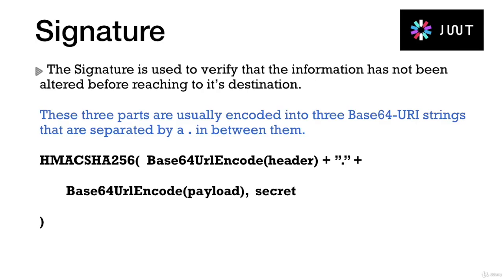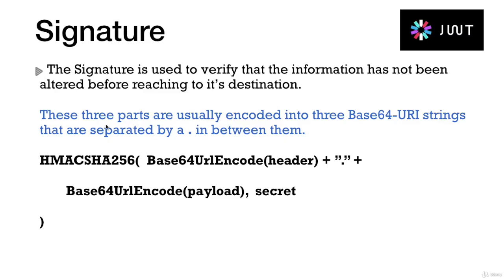Last part is the signature. Signature is used to make this JWT more secure and to verify that the information being exchanged has not been altered while reaching its destination. How will the signature be generated?